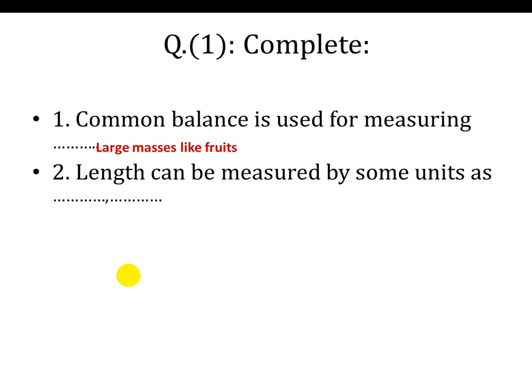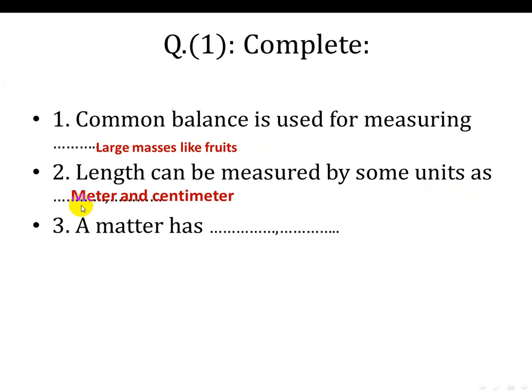The other one, length can be measured by some units as the length. Length can be measured by, but don't forget that I need the measuring unit of the length. Well, it's meter or centimeter or kilometer for the very large length.